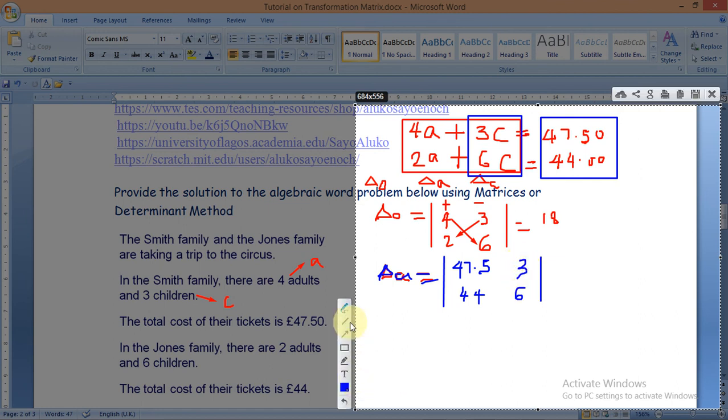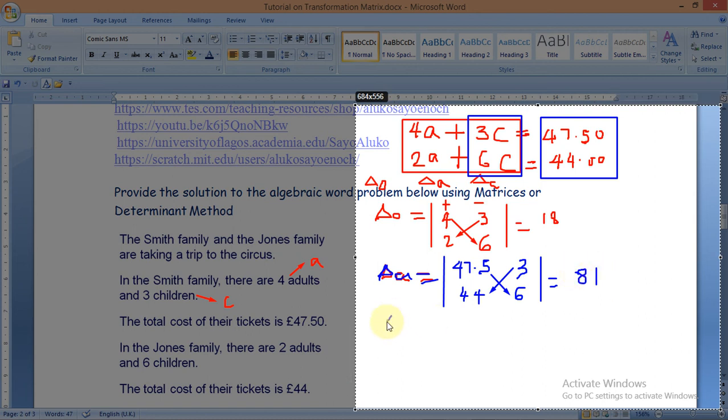You go ahead with the determinant: this multiplied by this minus this multiplied by this. Just go ahead with your calculator. This will be 176 minus 95, which should give me 81. So the answer here will be 81.